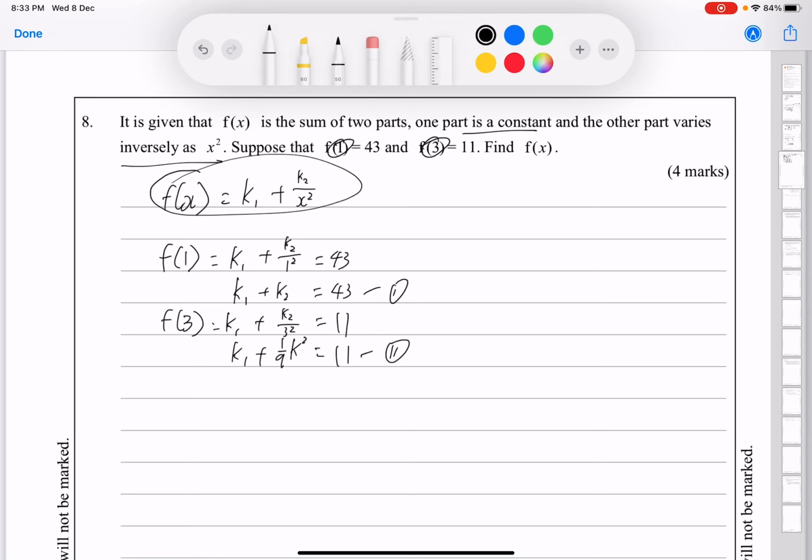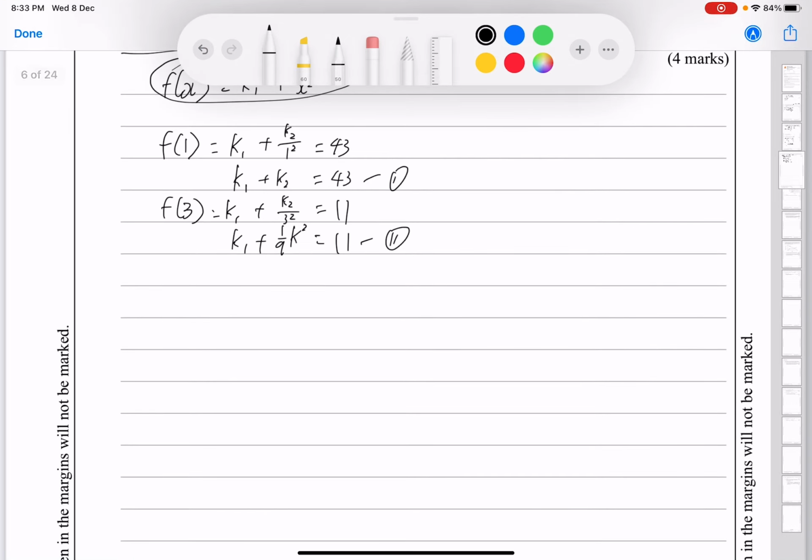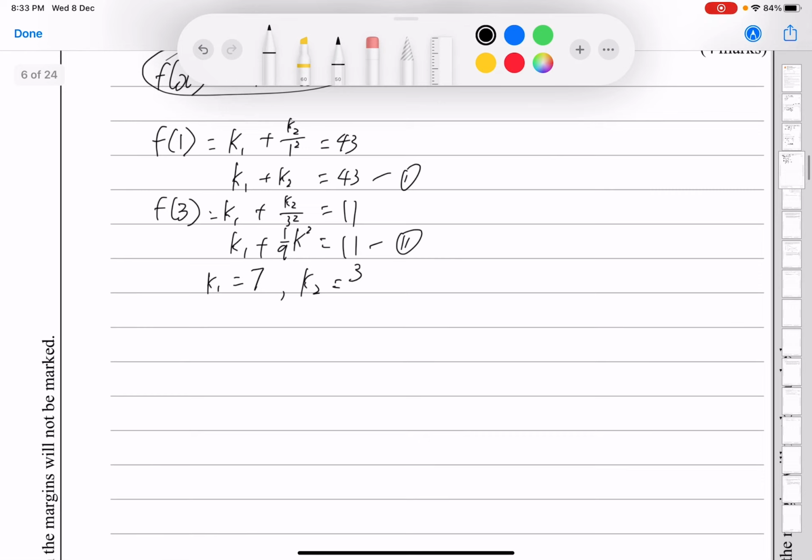So, by using the linear program function or using the elimination method or the substitution method, you can get k1 equals 7 and k2 equals 36.